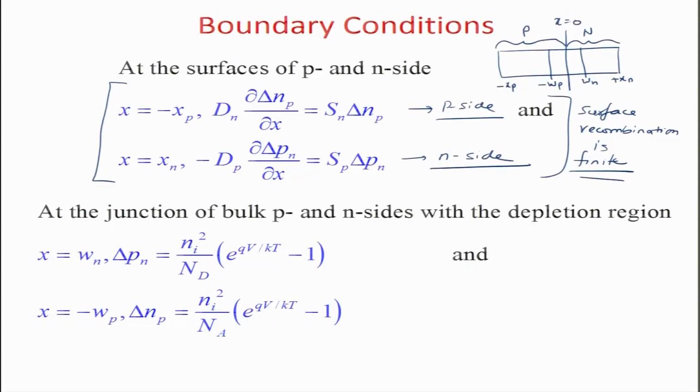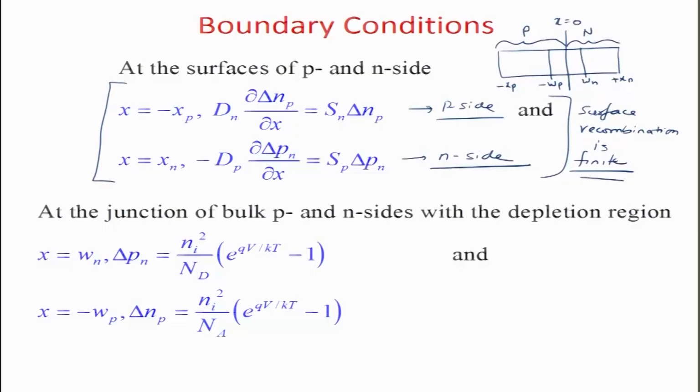If it happens that the surface is very far from the junction, then basically you can say the minority carrier concentration must be zero. So essentially you will have to change these boundary conditions when the surface is very far. But generally in solar cells the surface recombination is finite. So this is a realistic boundary condition that you want to apply for solar cells.